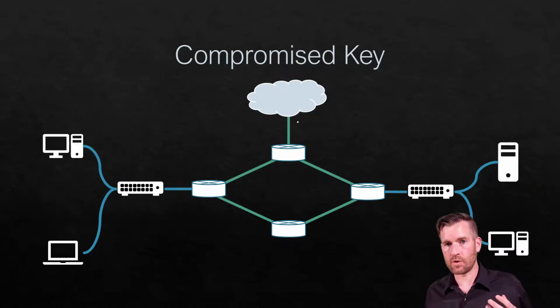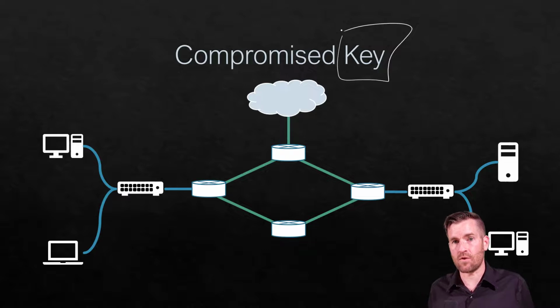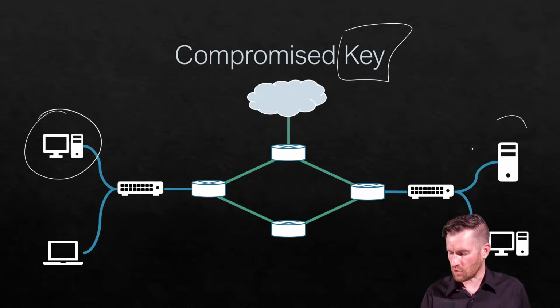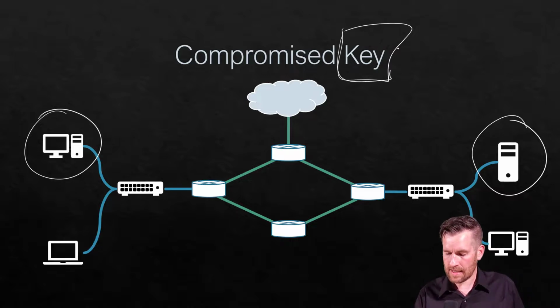Generally, what happens when you are encrypting traffic between two devices is you're using keys. And there's a few different keys that you actually use through this process. But for this purpose right here, what we're going to say is this computer right here is trying to talk to this server right here. It's trying to create a secure connection, and it's using keys to do that.